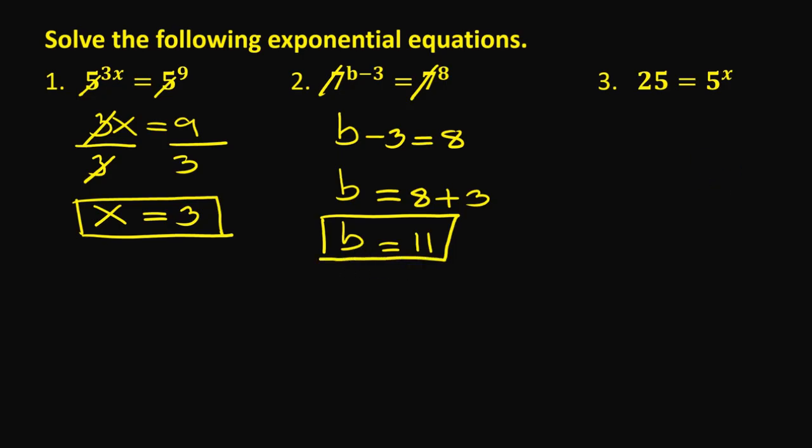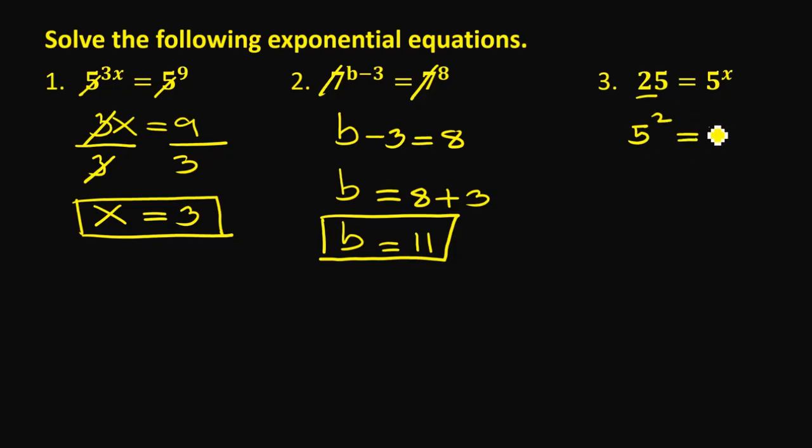Number 3, 25 is equal to 5 raised to x. We have different bases on both sides, 25 and 5. We know that 25 can be expressed in exponential form as 5 raised to 2, or 5 squared, because 5 squared is 25.